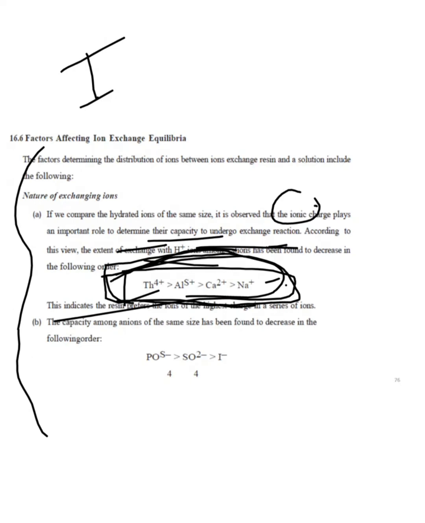So next is the capacity among the anions. The capacity among anions of the same size has been found to decrease in the following order.